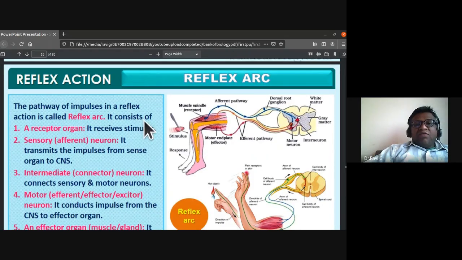The pathway of impulse in a reflex action is called the reflex arc.